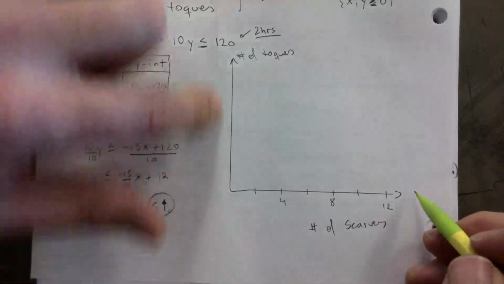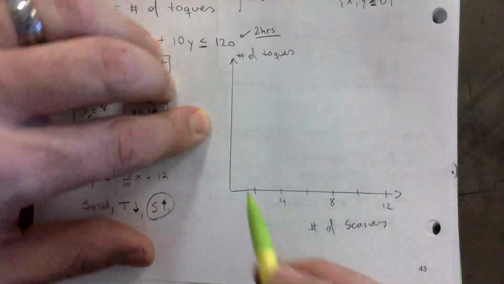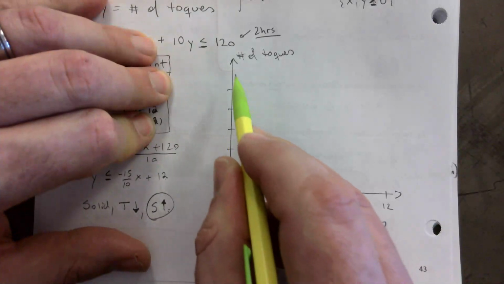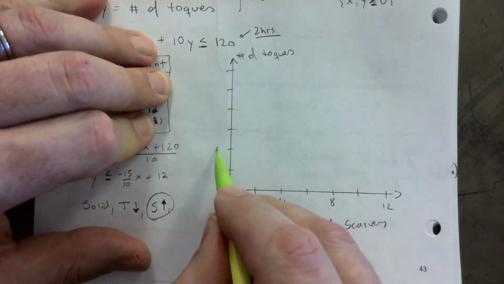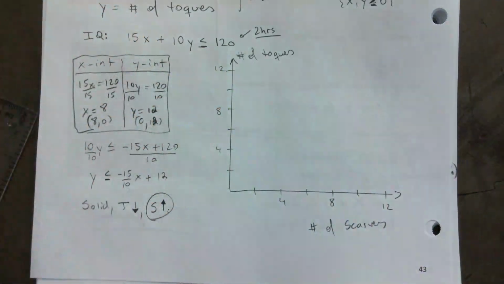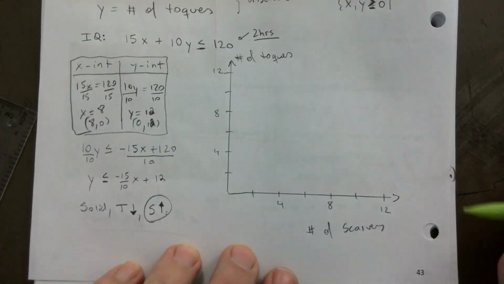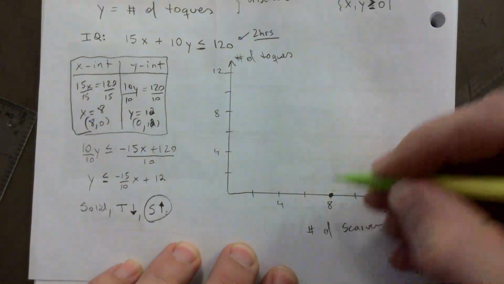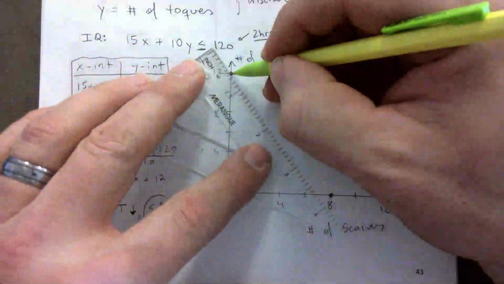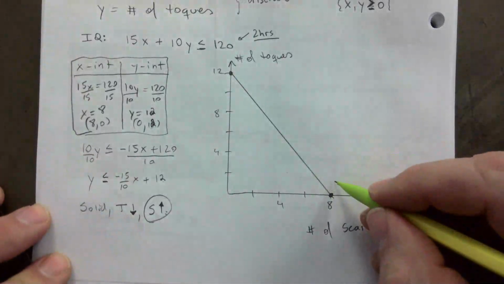I'll use the same scale for my y-axis. 2, 4, 6, 8, 10, 12. We're almost done. Plot your points. 8, 0 is right here. 0, 12 is right there. It's going to be a solid line. I label it right away.